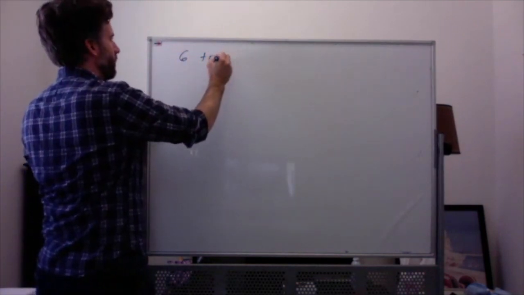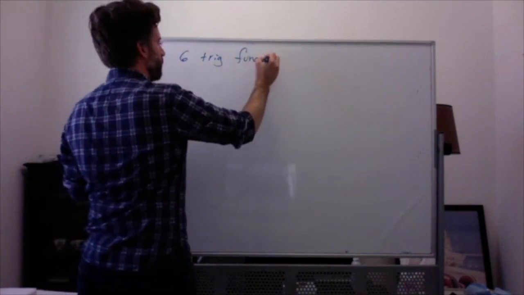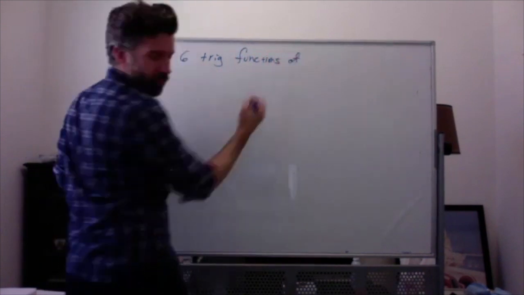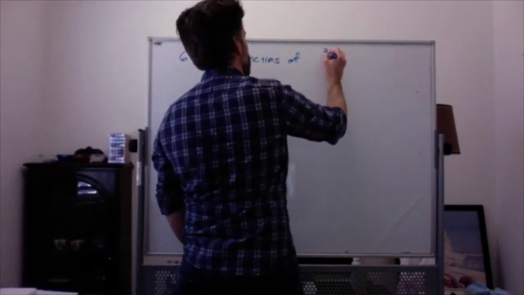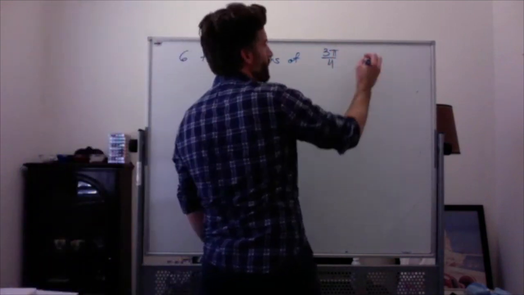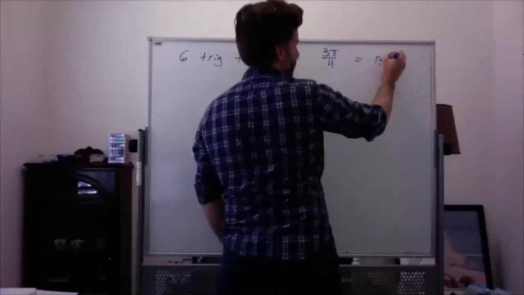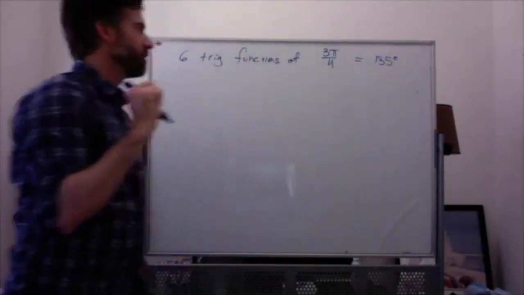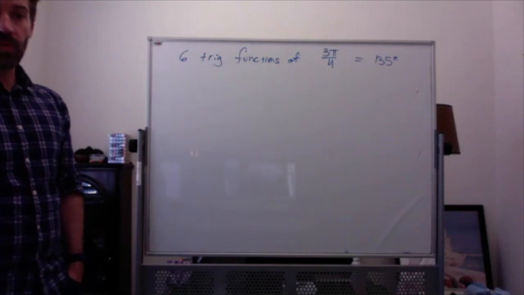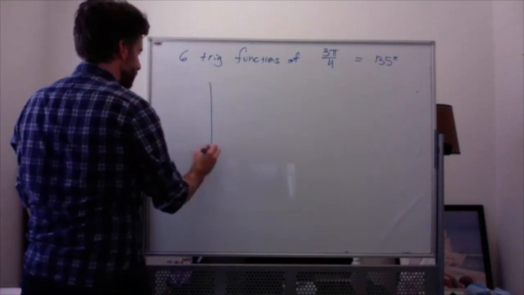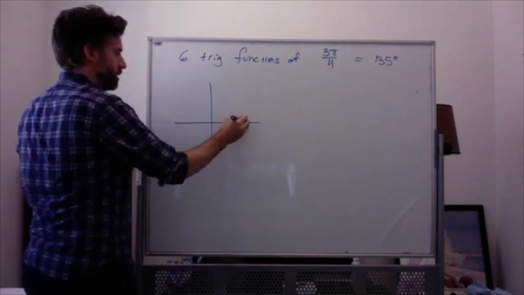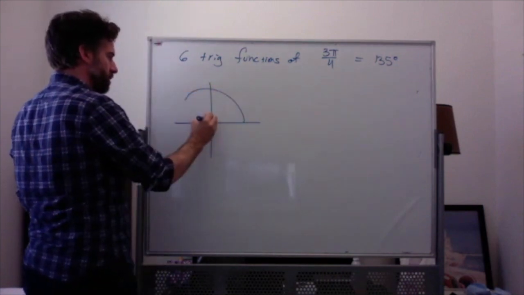So I'm going to find now the 6 trigonometric functions of 3π/4, which is equal to 135 degrees. So 3π/4 is in the second quadrant. It looks kind of like this.